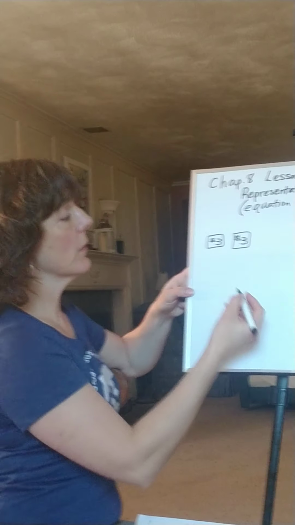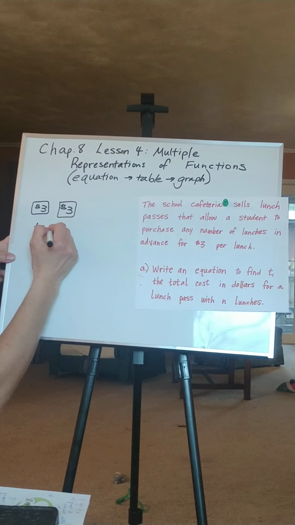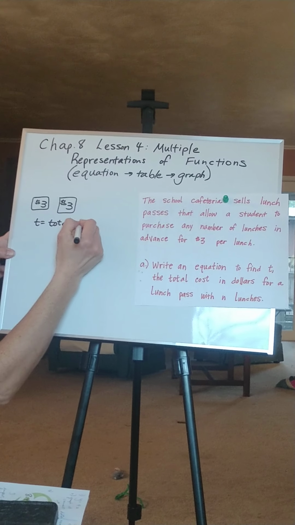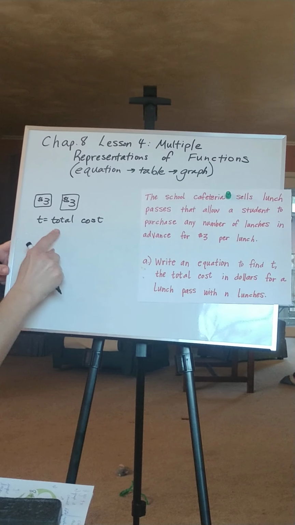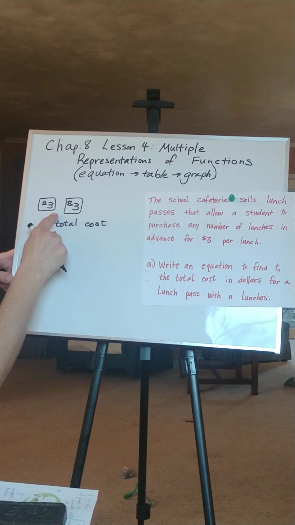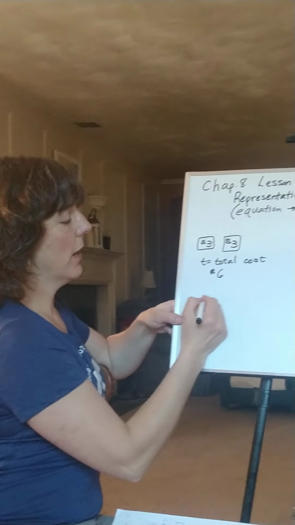The T would be the total cost. So for this example, the total cost would be how many dollars? It'd be $6.